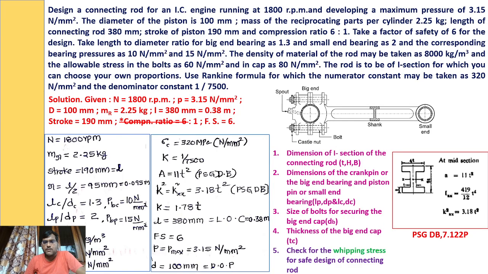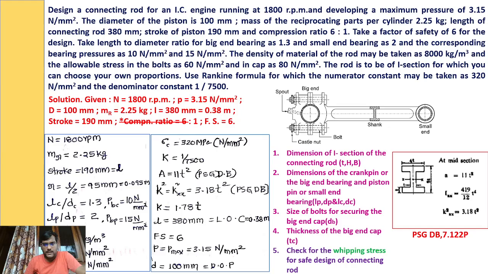The density of the material of the rod may be taken as 8000 kg per meter cube. They are given the density. And allowable stress in the bolts as 60 Newton per mm square and cap as 80. This is the big end cap. The stress at the big end cap is 80 Newton per mm square.